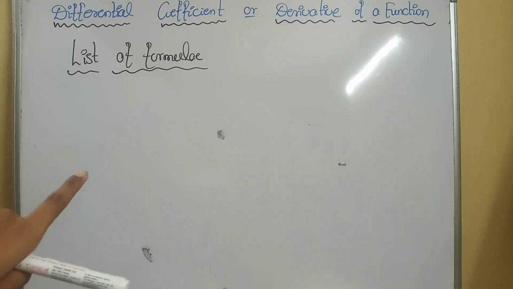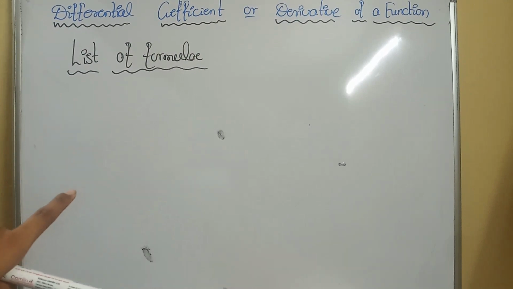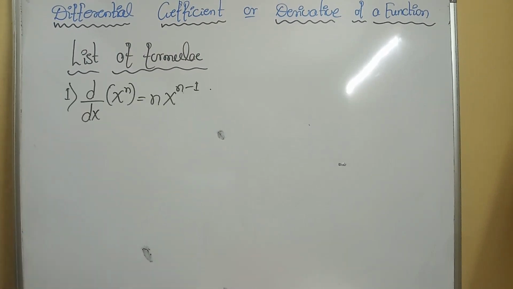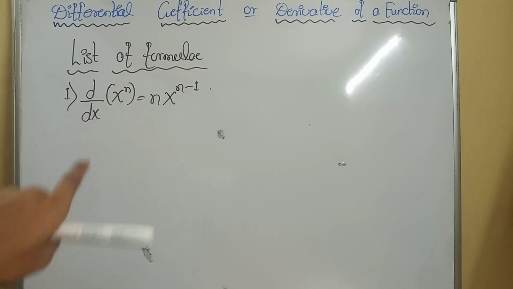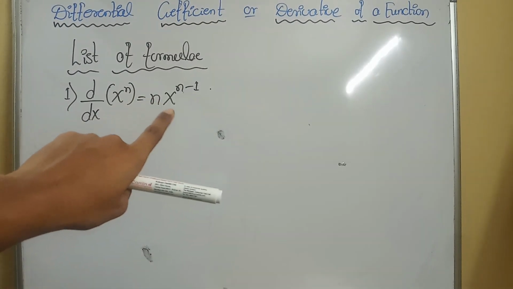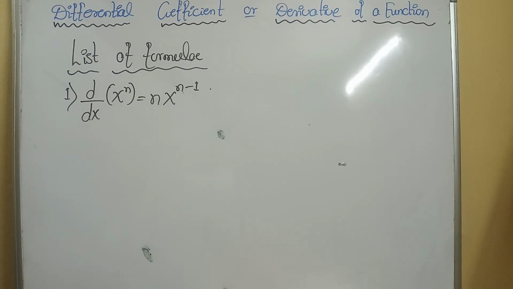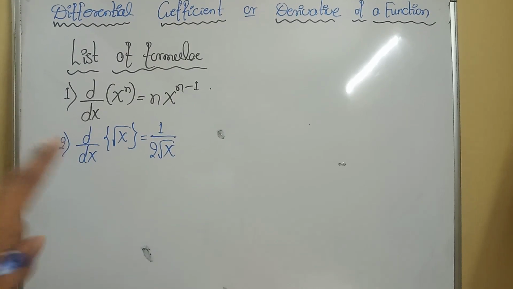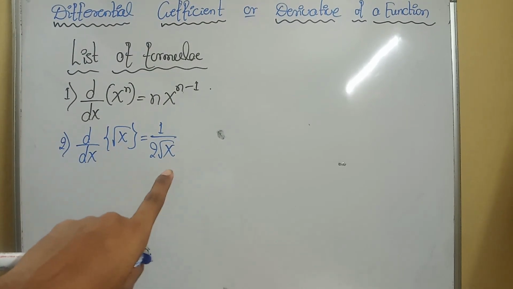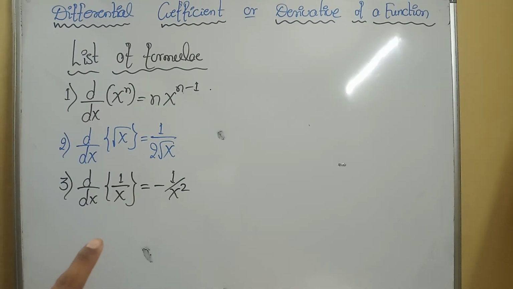Next we have to observe the list of formulae one by one. Derivative of x raised to n is n into x raised to n minus 1. Derivative of root x is 1 by 2 root x.